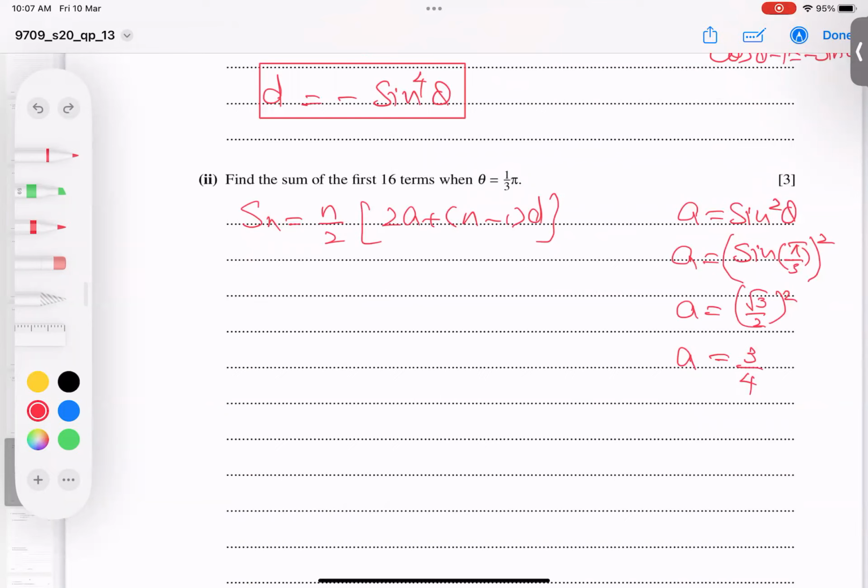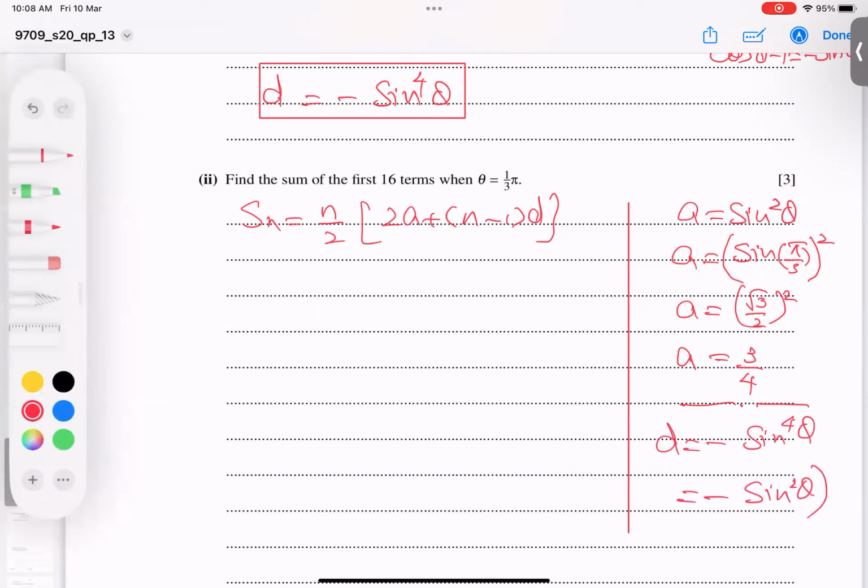All right. And now what is the common difference? You know it, this one is the common difference. Okay, so I'm going to plug in this value pi by 3 here. And you know it very well that if sine square theta is equal to this much, what is sine 4 theta? So it means the common difference is negative times sine 4 theta. And I can see here, it is sine square theta on the top.